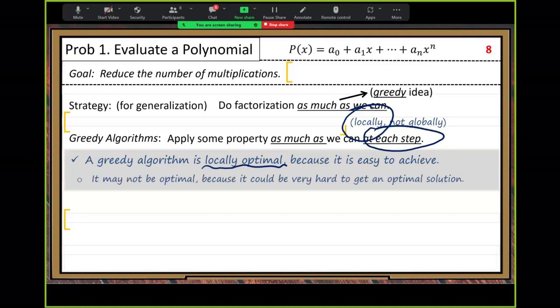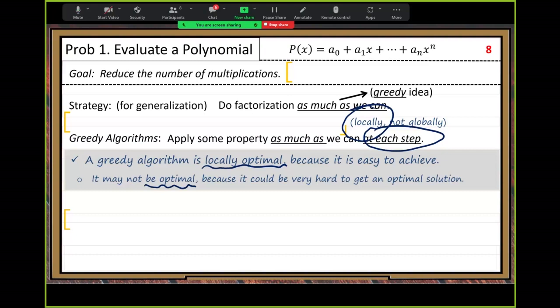So it may not be optimal. When we say an algorithm is optimal, it must be globally optimal. If it's not globally optimal, then we do not say this algorithm is optimal. So the greedy algorithm, if you look at the solution globally, may not be optimal, because it could be very hard to get a globally optimal solution.